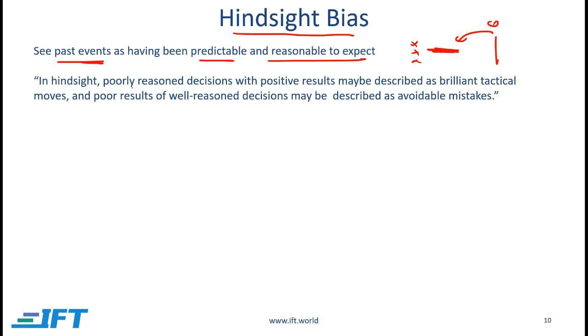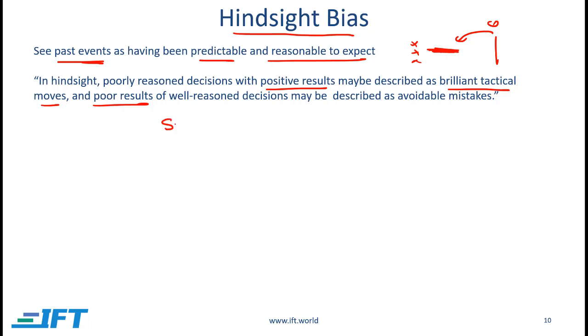In hindsight, poorly reasoned decisions with positive results may be described as brilliant tactical moves, and poor results of well-reasoned decisions may be described as avoidable mistakes. So this statement really has two parts. One situation is where the result ended up being positive.